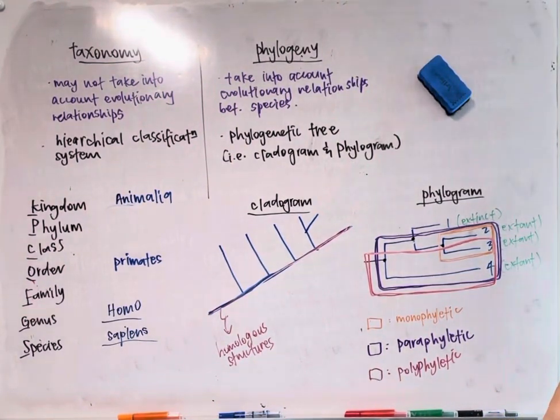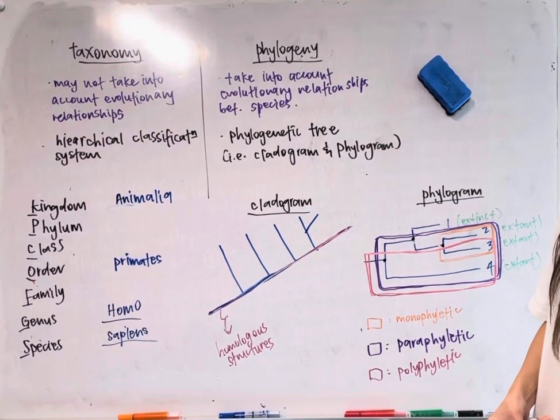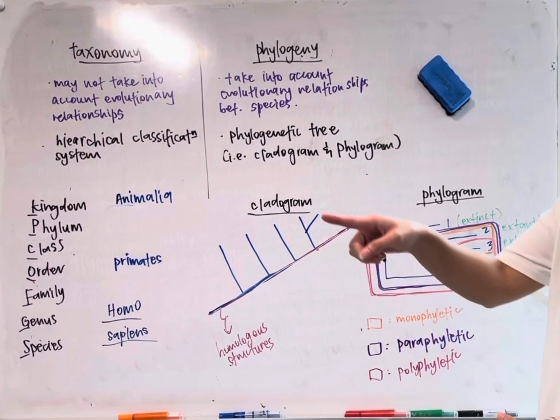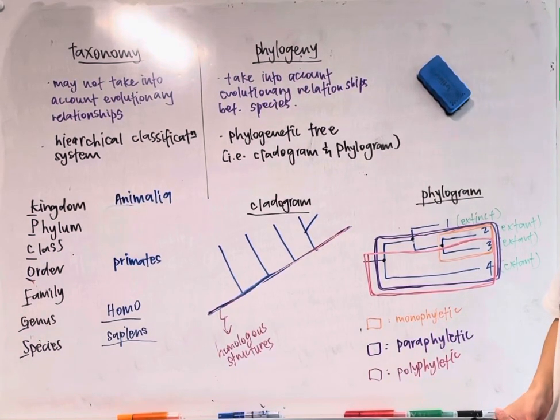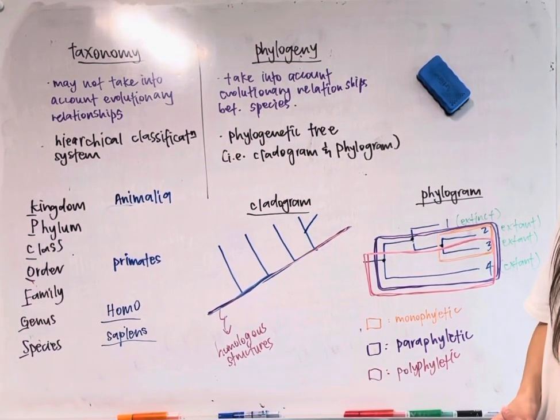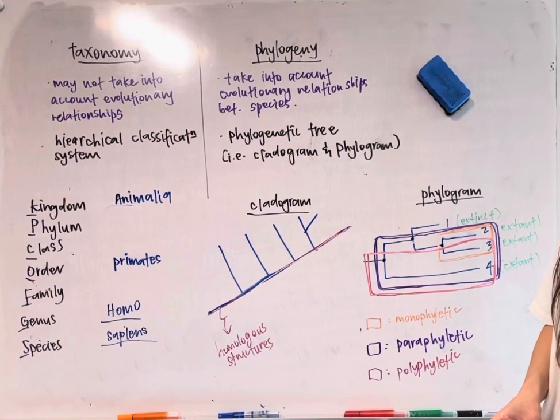What's the definition of clades? No. Help me write down the definition of clades if it's not there in your notes. A clade is a group consisting of a single common ancestor and all its descendants. I repeat, a group consisting of a single common ancestor and all its descendants, where members share similarities in DNA sequences.